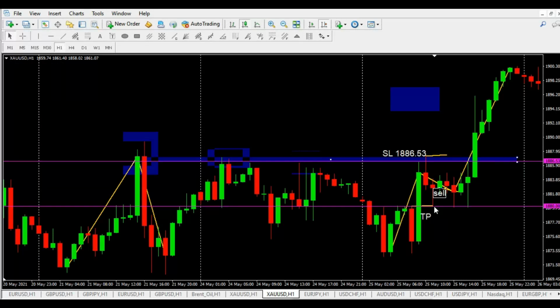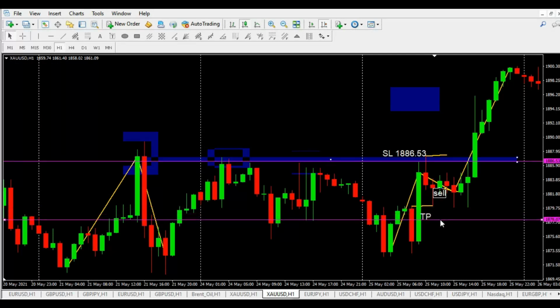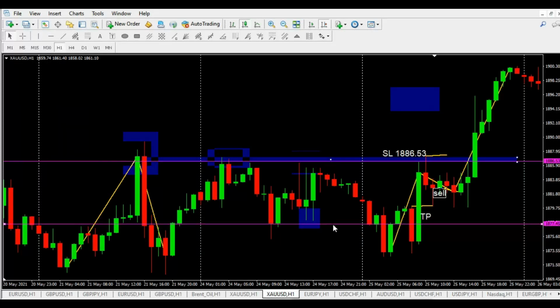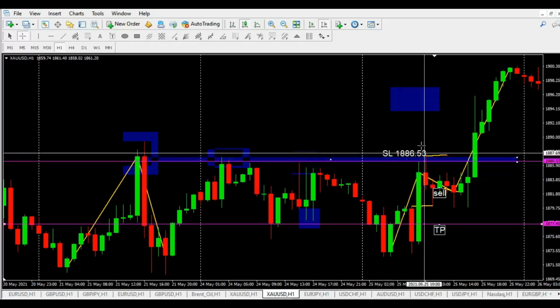Okay, look at this one. What if we put our take profit here, based on this key level, this rejection? Can we put our take profit at this position? Of course we can, but it would take a long time, and maybe our stop loss will be touched.